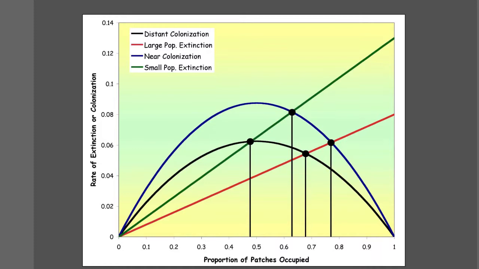For instance, we can say, imagine that the distance between the patches is larger. Well, then, of course, the immigration rate goes down. So then you get a lower curve, and the equilibrium is going to a lower value, with fewer occupied patches. And if you're closer, the opposite happens.